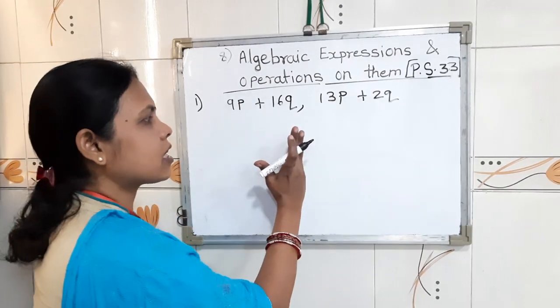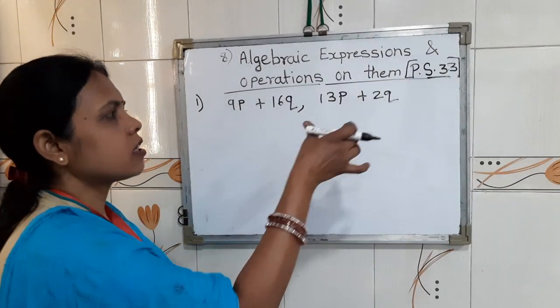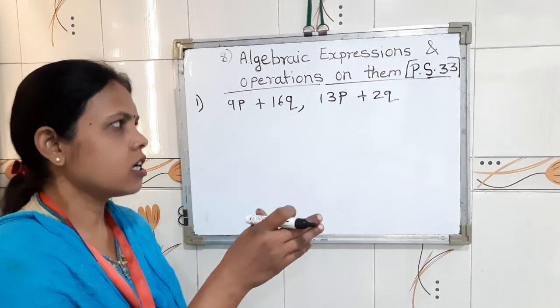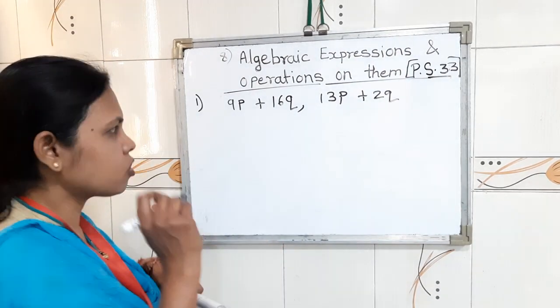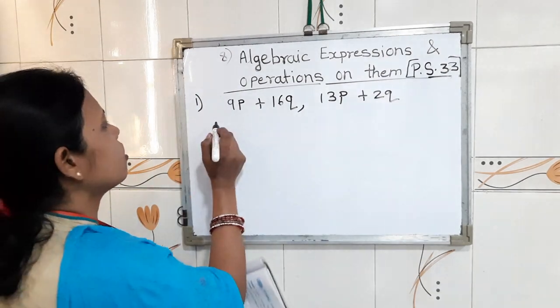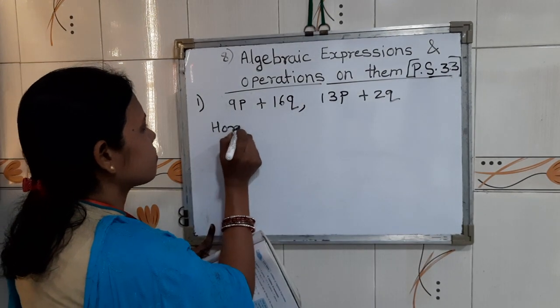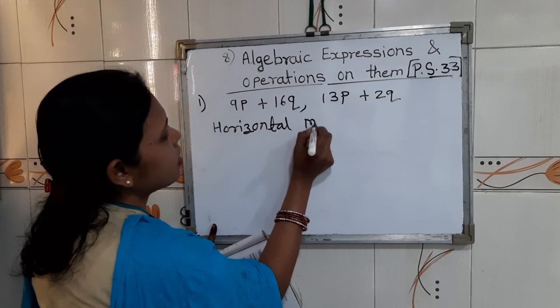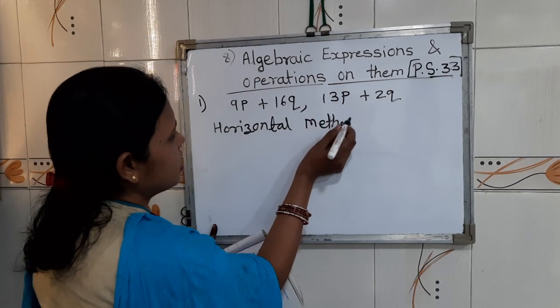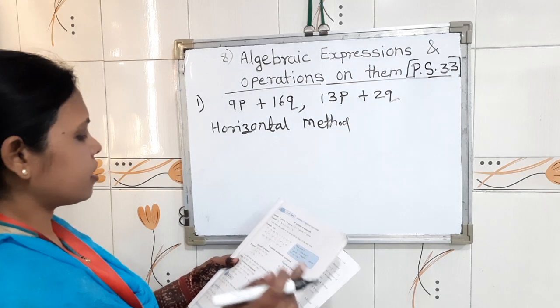And in the vertical method, we will keep the coefficients one number below the other number. So children, first we will do the horizontal method.